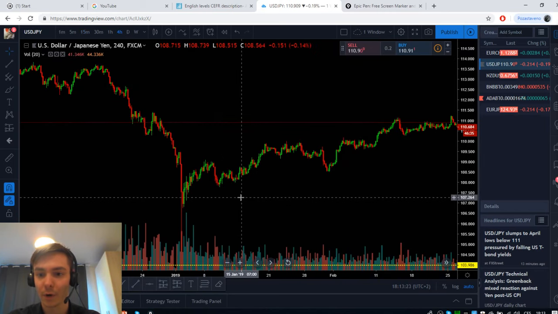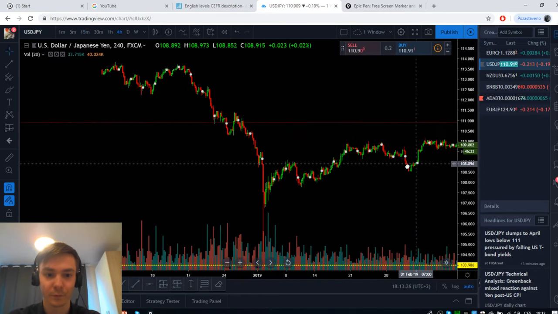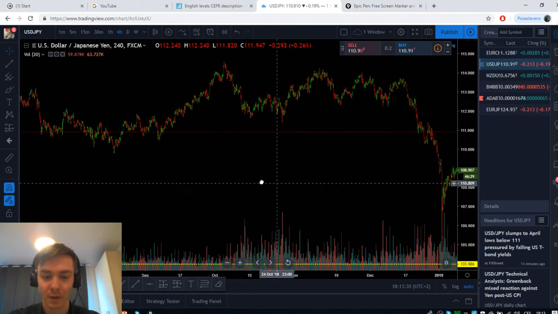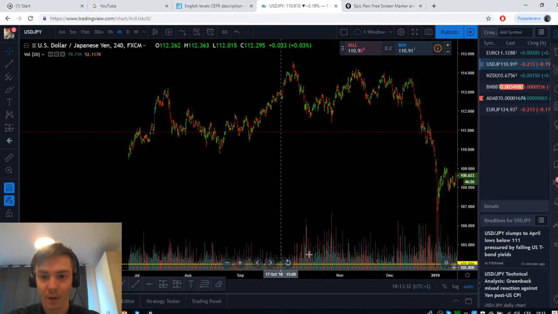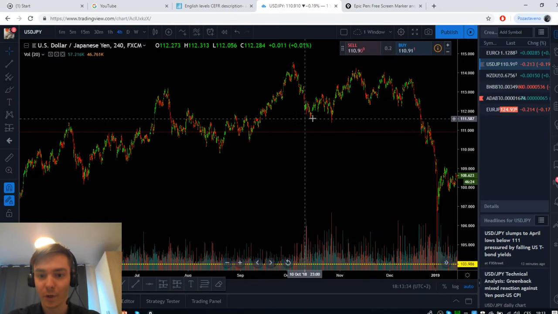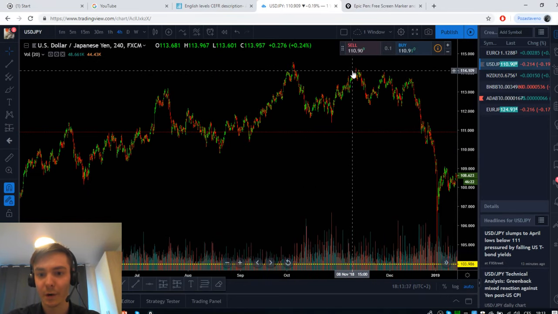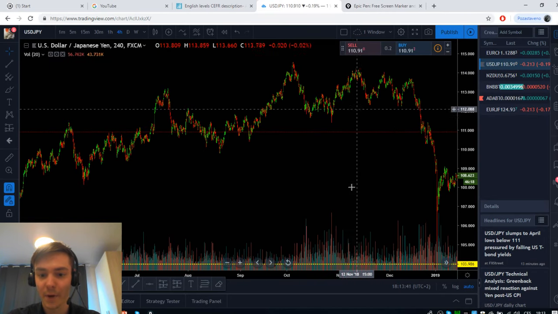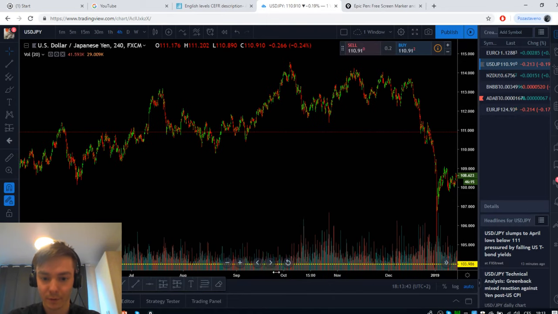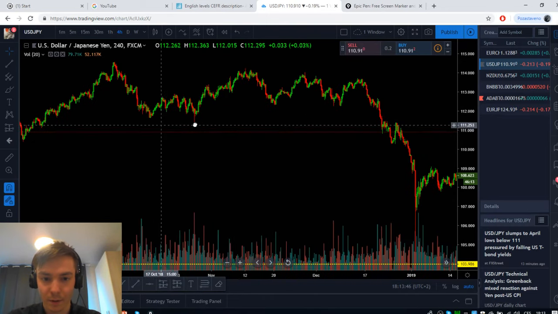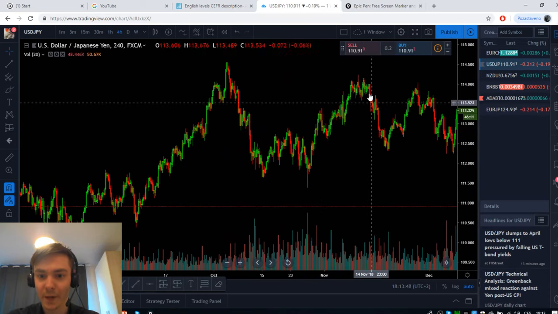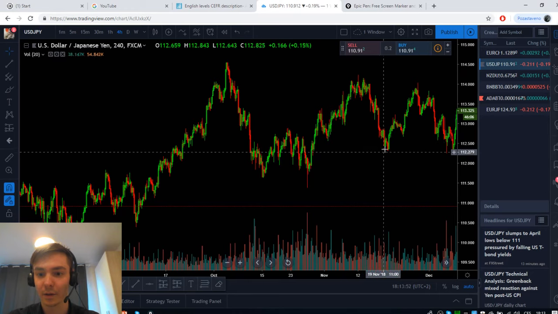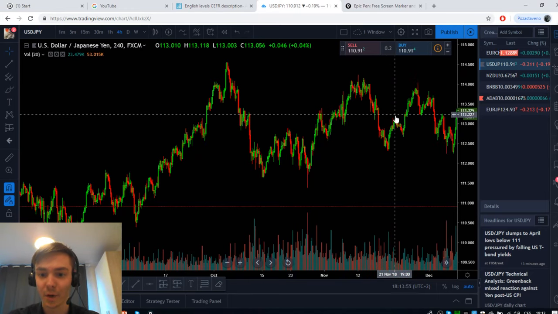Let's go for Japan, for example, from the point of history. You can see, for example, here, the market is trending up and now there is consolidation. And in the end, it's just with an impulsive movement, change of direction, and now you would like to go short until there will be an impulsive movement against you.